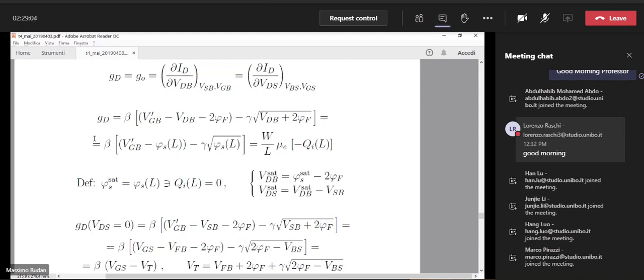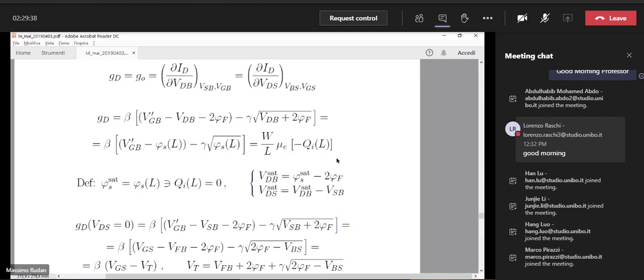So we see that in this theory, the drain conductance, that is the derivative of the drain current with respect to the drain voltage, is proportional to the value of the charge per unit area at the drain end of the channel, okay?